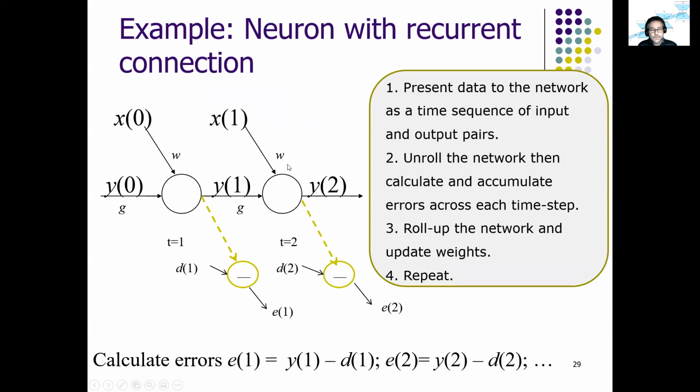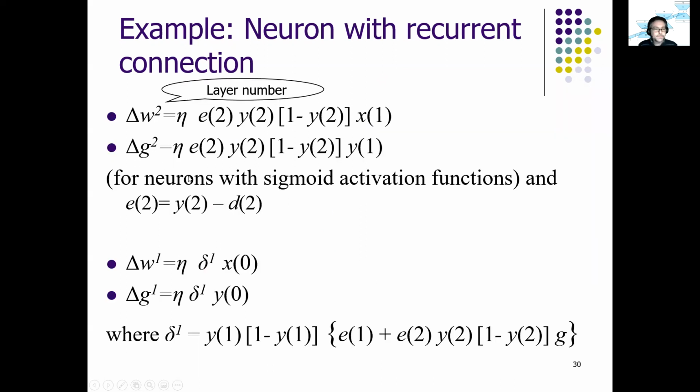So these are these two corrections for W and G of the second layer. Let's say this is the second layer, and this is the first layer. So this is the calculation of the corrections. It takes into account the learning rate, that's the eta, the errors, the outputs, and the inputs. And we do the same for the G.